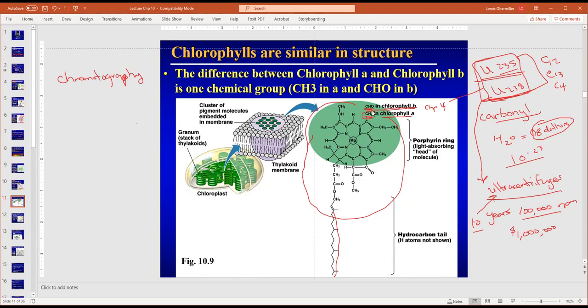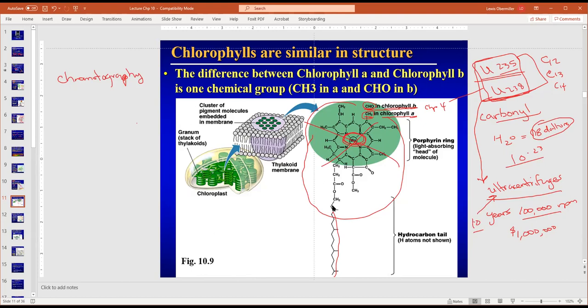All right, so the reason I'm showing you this is so that you can see that chlorophyll B and chlorophyll A are very similar to each other. They're only a couple atoms different. I'm also showing you this. I don't want you to memorize this, but I do want you to know that this is a magnesium center here. But you don't need to memorize this molecule.